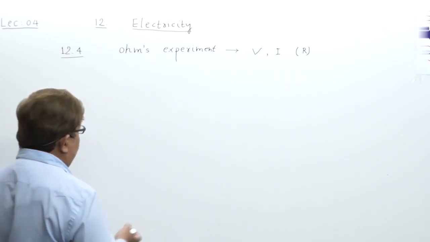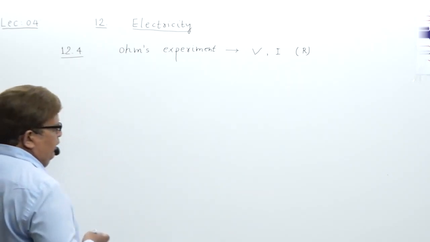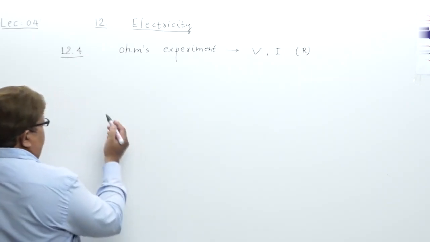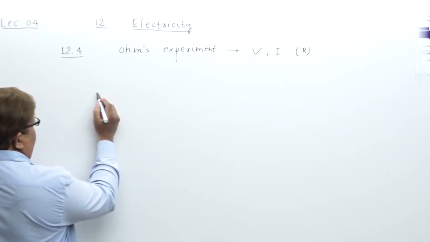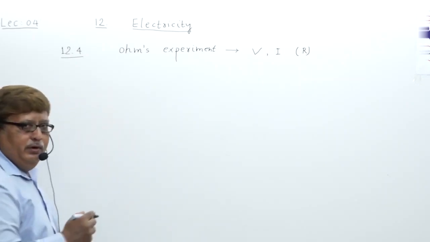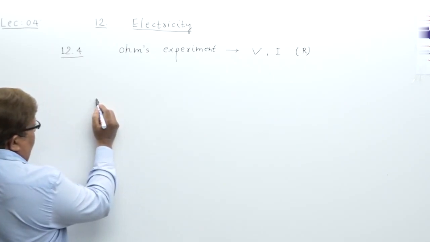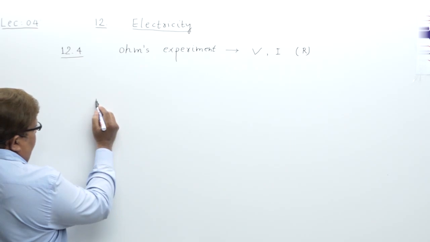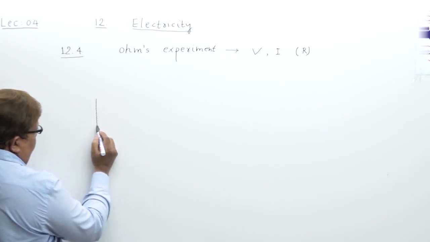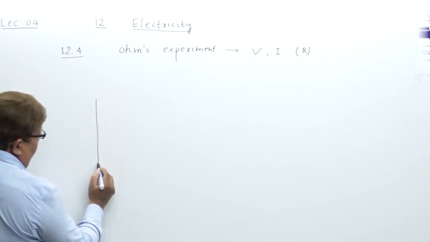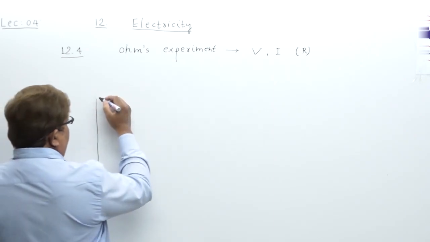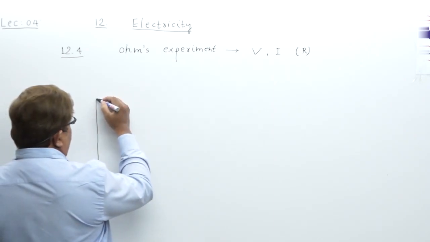My dear students, let us see how the electric circuit is established in Ohm's experiment. First, you will take one conducting wire. This is the conducting wire actually.